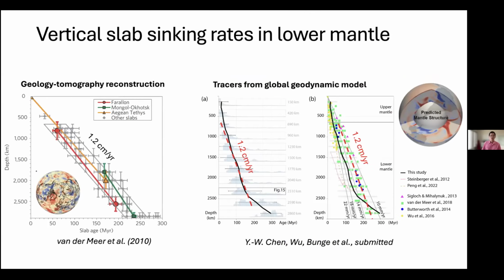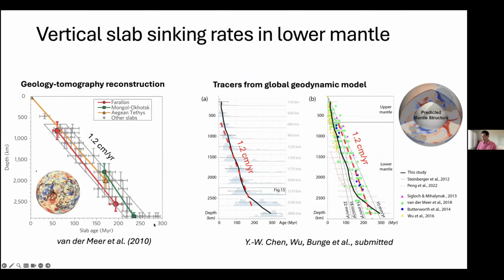But I want to present a different perspective, an alternative hypothesis. But first of all, going back to where slab sinking rates come from, this is really nice work done by Douwe van der Meer, using geology and tomography together to reconstruct the slabs that we see in the mantle from tomography. Here on this axis is depth.